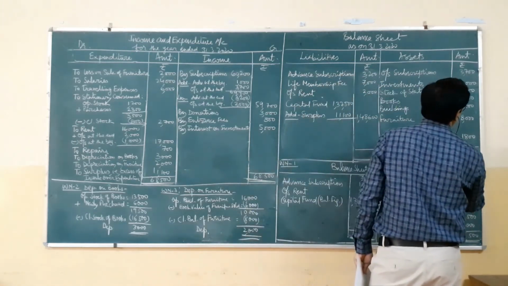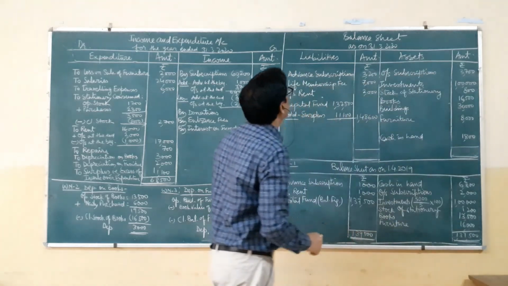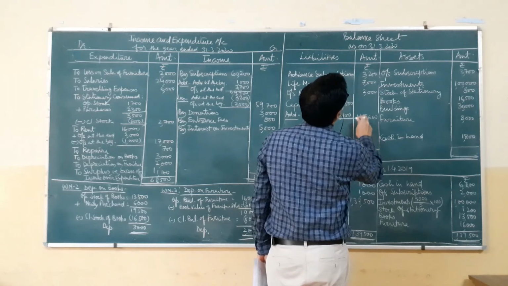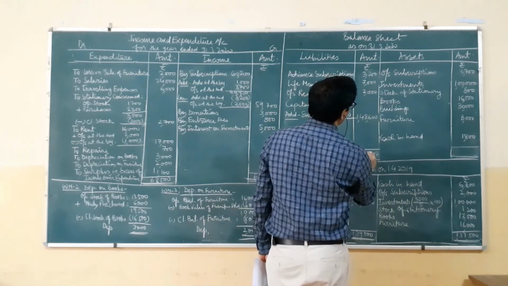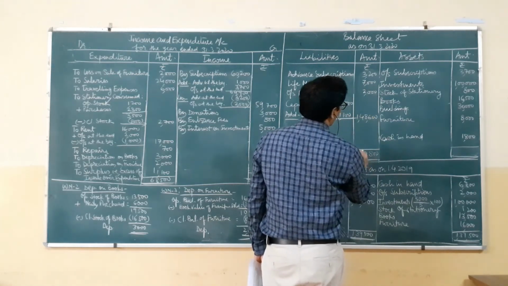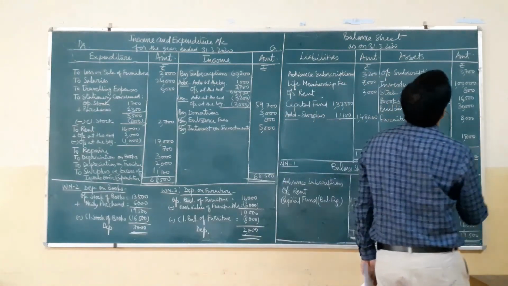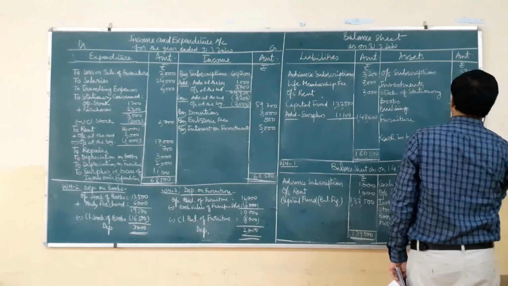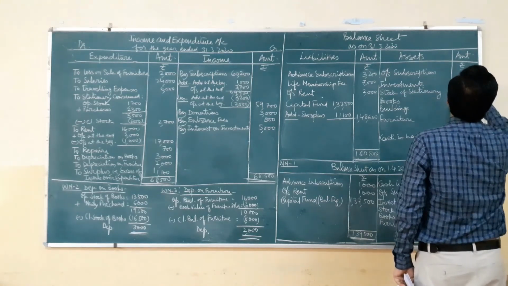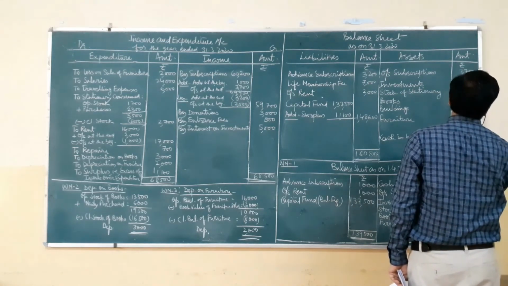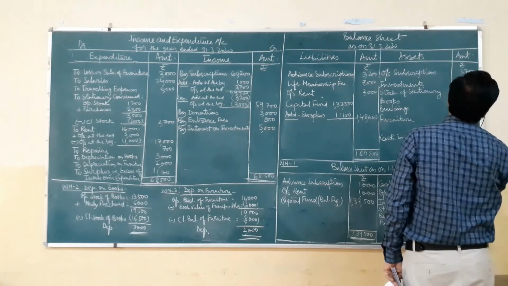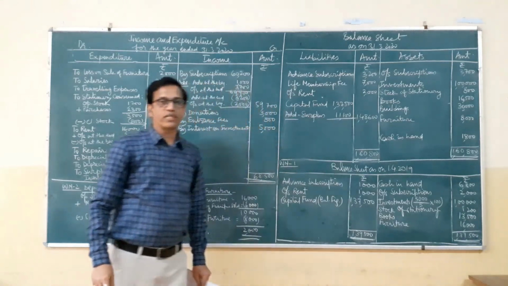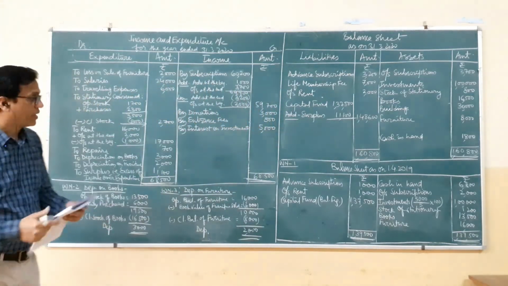Take the total of both the sides of the balance sheet then. $160,800 here, and this side $160,800. So it is satisfying the same total.